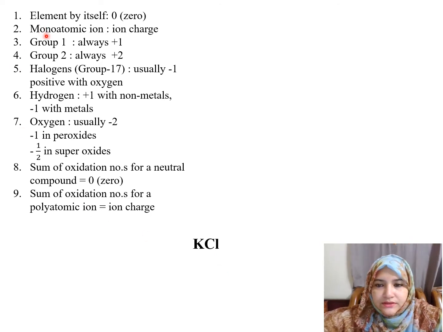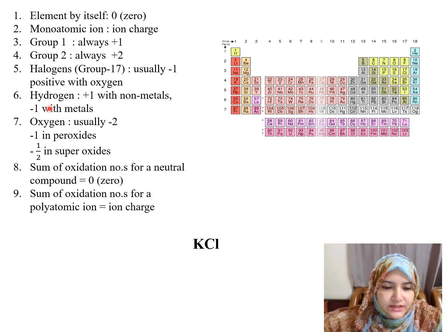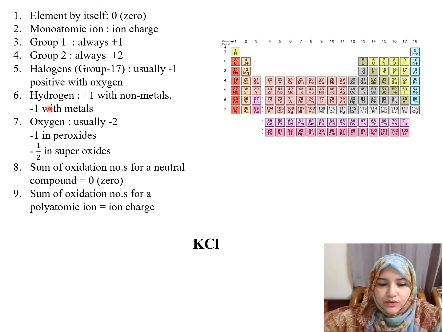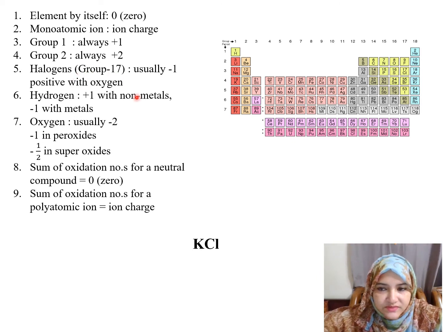Here, at first we have to look at the periodic table. In this periodic table, you can see potassium is in this column. It's in group 1.